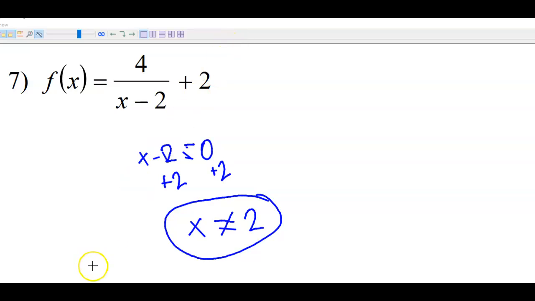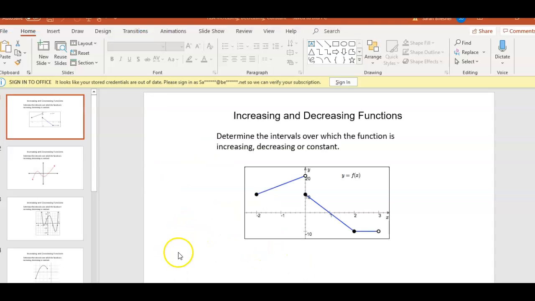So now let's go ahead and take a look at the things that we need to learn today. The section number today, oops, I'm clicking on the wrong thing, is 1.2 Part A. And we are going to be talking about functions that increase or decrease.